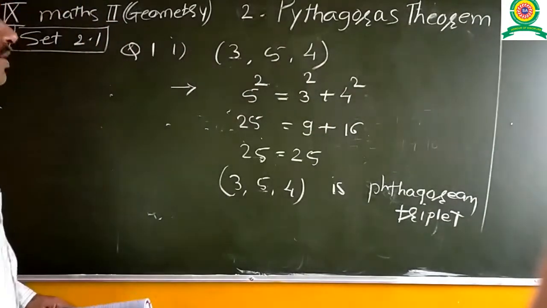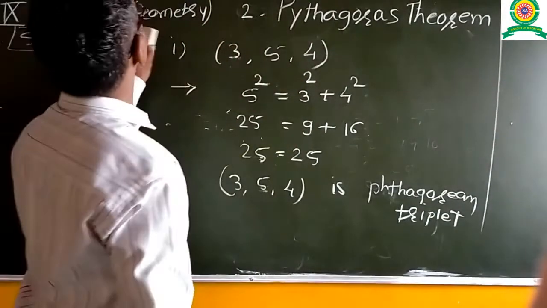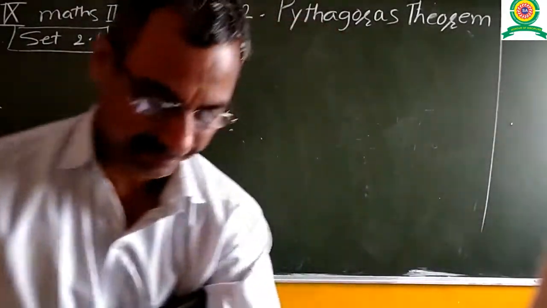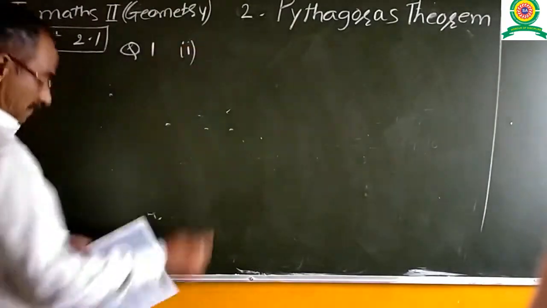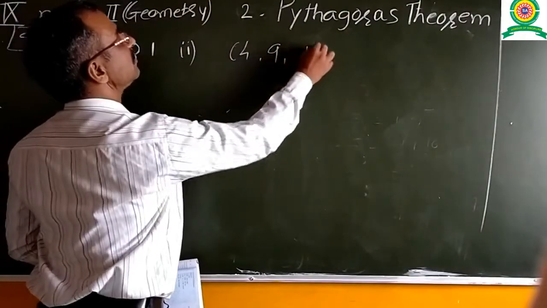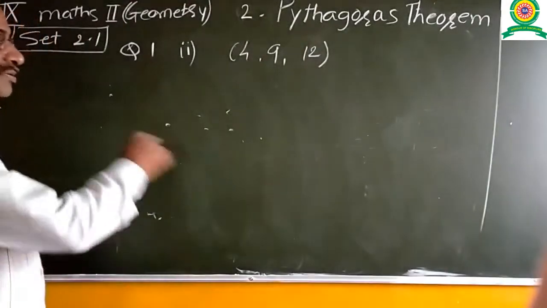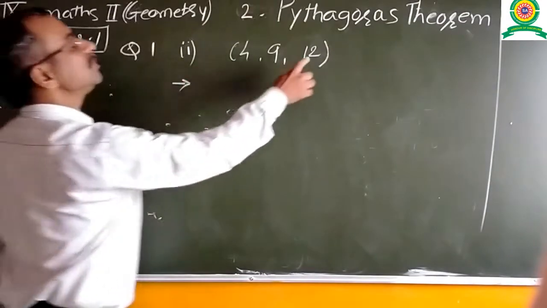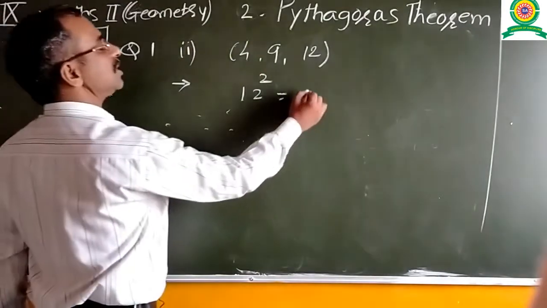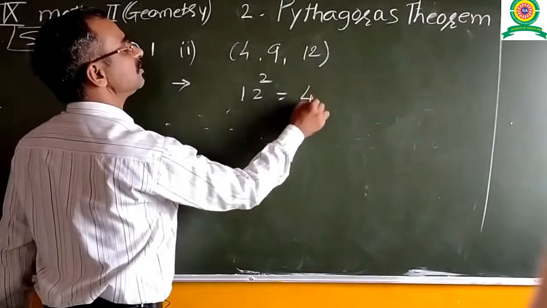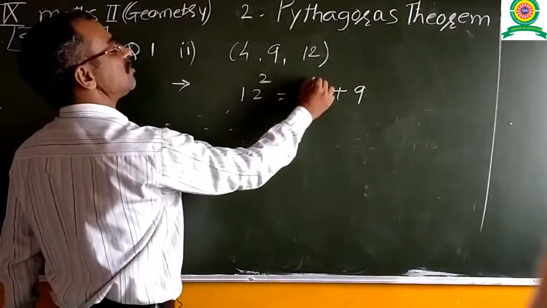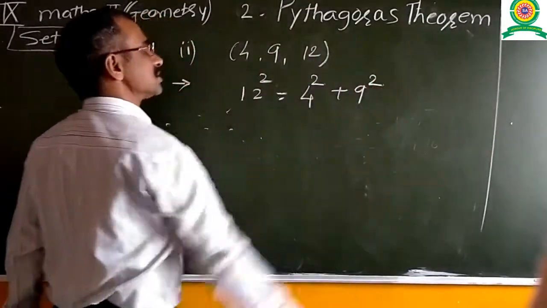Similarly, in a similar manner, we are solving the second sum. The next triplet given is 4, 9 and 12. Again using the same rule, the higher number is 12. The other two smaller numbers are 4 and 9. The higher number's square should be the sum of the squares of the smaller numbers.